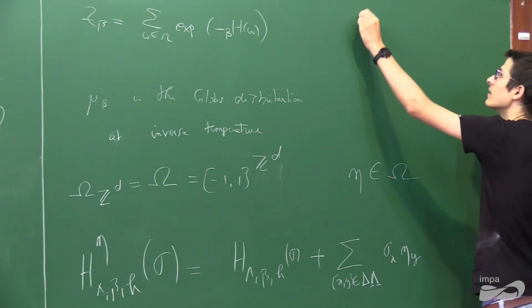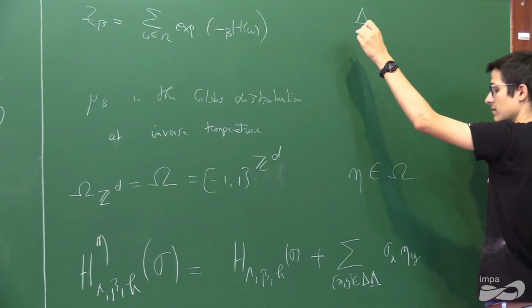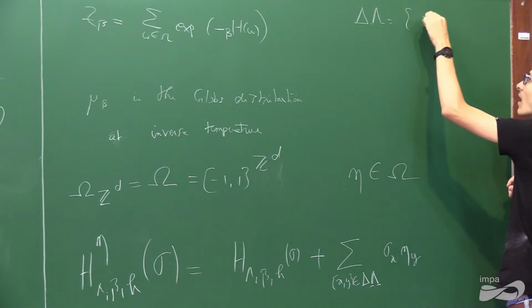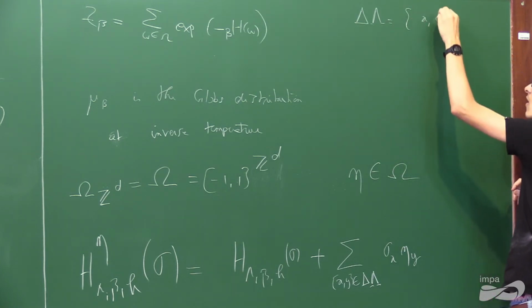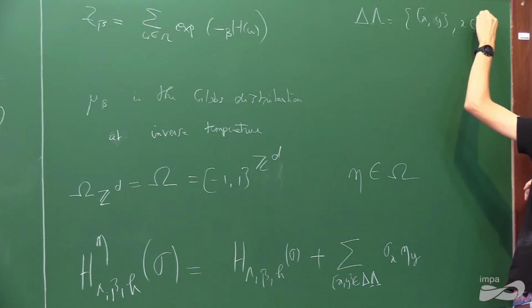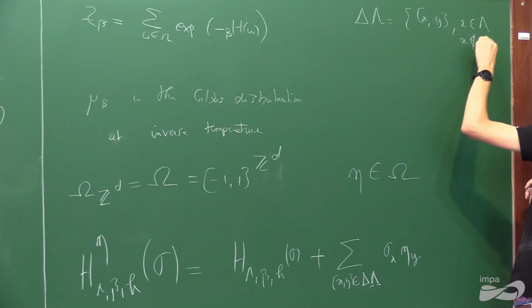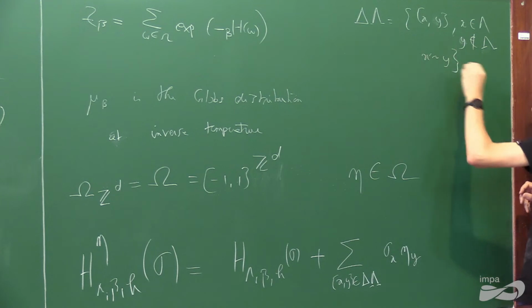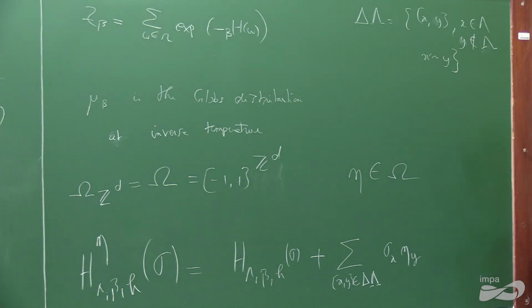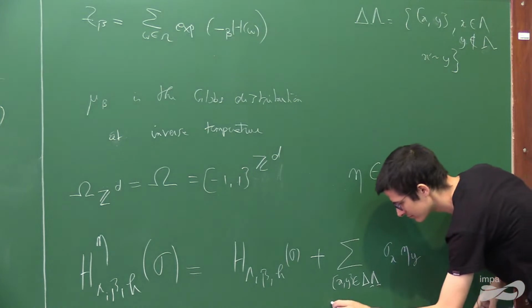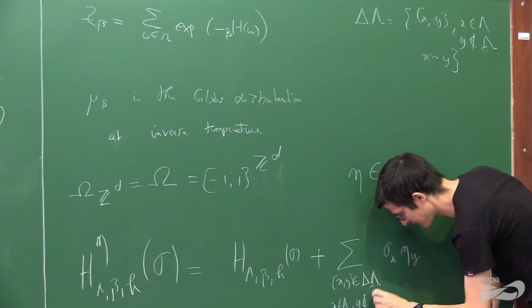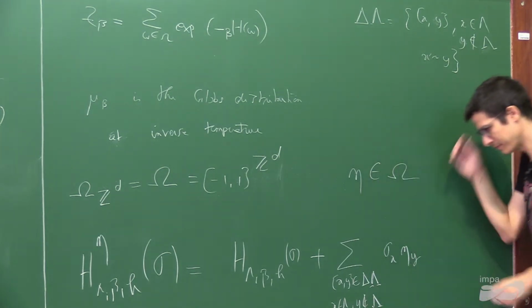Okay, where these are the set of external edges. And here implicitly x is the one in lambda and y is the one which is not in lambda.